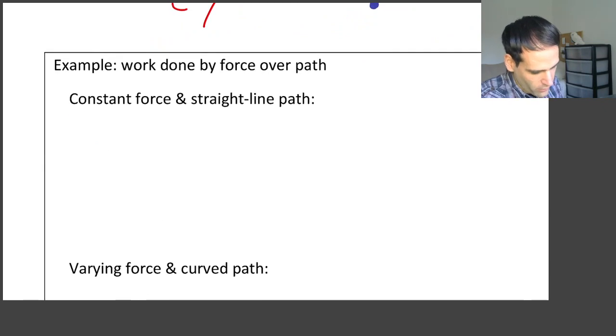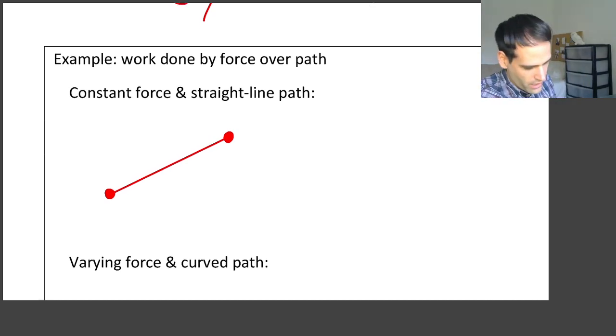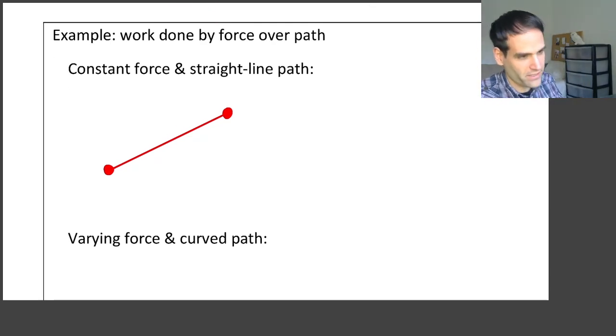Imagine that we have a constant force acting over a straight line path, okay? So for example, we are moving an object from here to here, and this along a straight line. And we have a force, for example, the force of gravity.